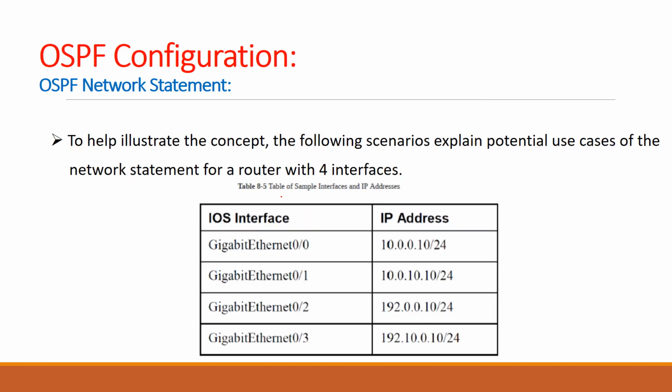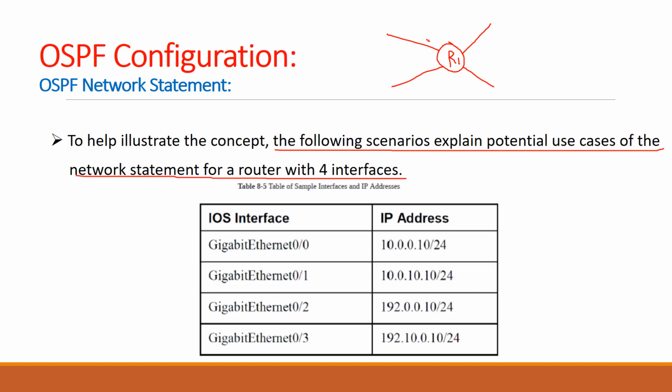Let's give an example here that will help you understand the concept. The following scenarios explain potential use cases of the network statement for a router with 4 interfaces. Let's assume that we have a router here with a first, second, third, and fourth interface, and this is router number 1.